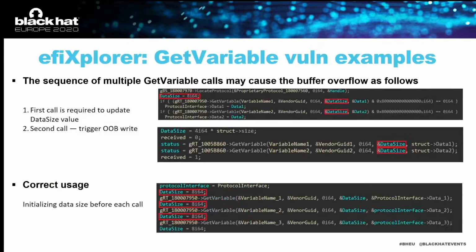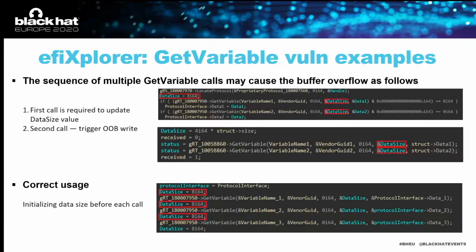Here's what might also go wrong when the same data size is used to retrieve the values of two different variable names. If this data size is not reinitialized, and there is no logic which would skip all the later processing and stop all the later get variables when buffer too small is returned, then bad things can happen.